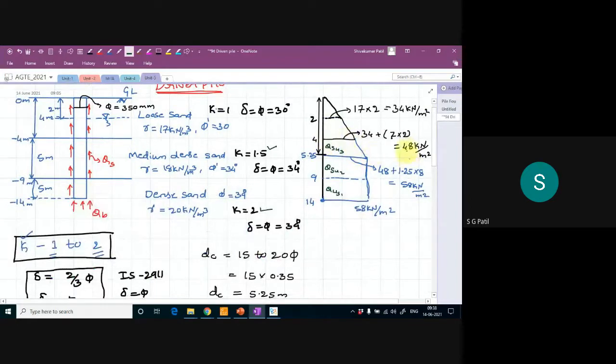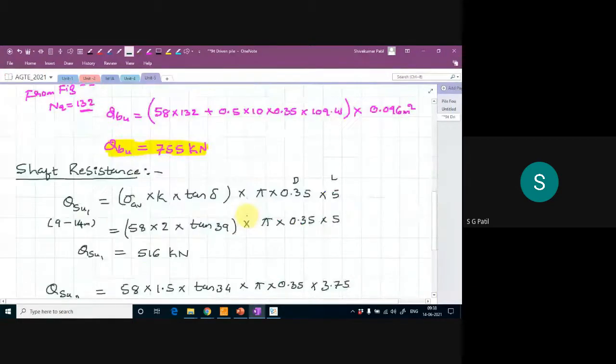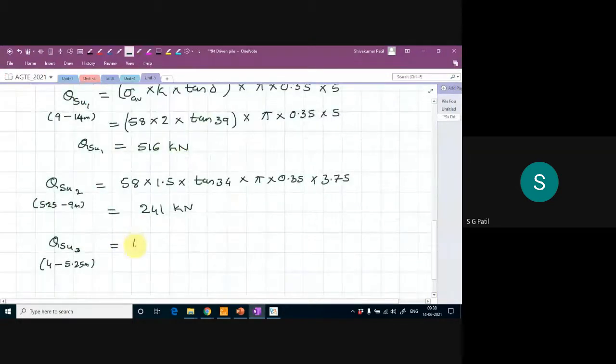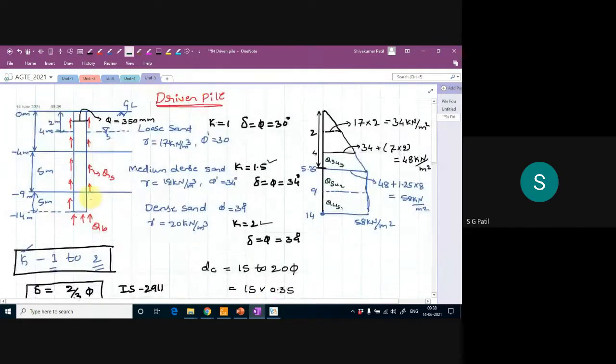So half of 48 plus 58, that is my sigma average, into the k value in the third layer.